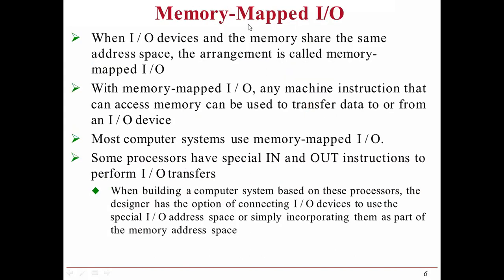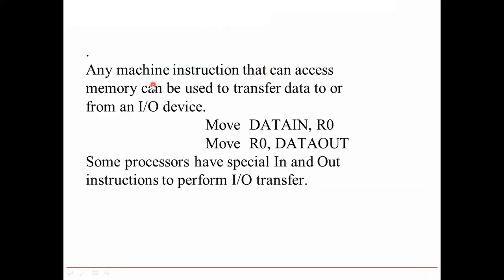In memory mapped IO, when IO devices and the memory share the same address space, that arrangement is called memory mapped IO. See here, how the data transfers between the IO devices. Move Datain, R0. What is the meaning here?